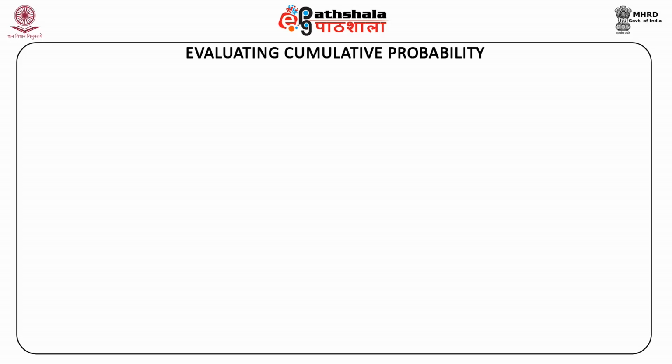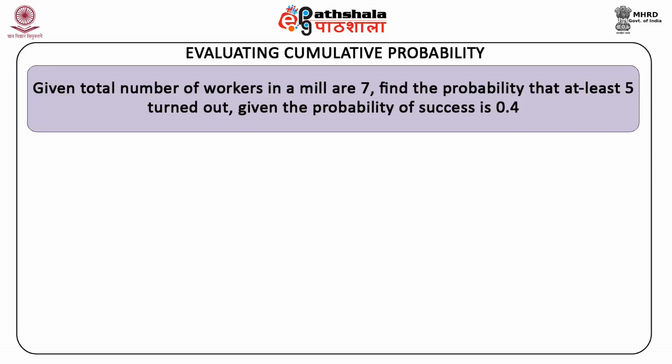Moving on to evaluating cumulative probability. Let us understand with the help of an example. Given the total number of workers in a mill is 7, find the probability that at least 5 turned out, given the probability of success is 0.4.